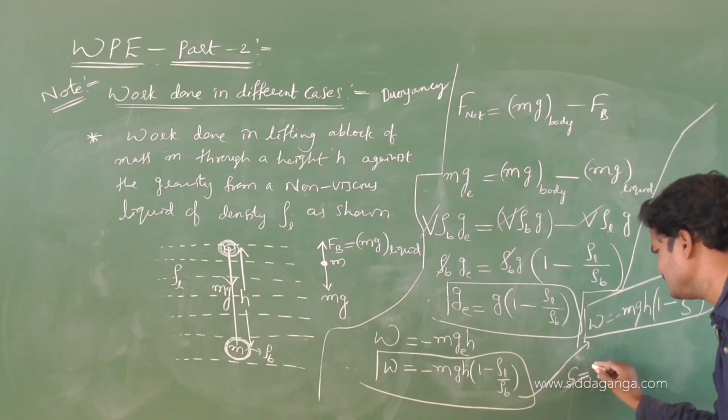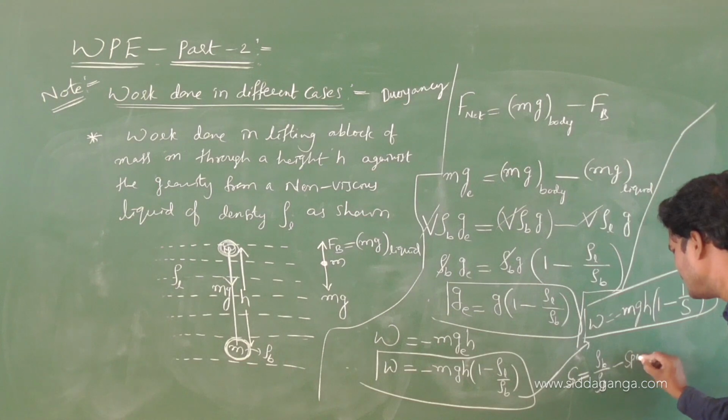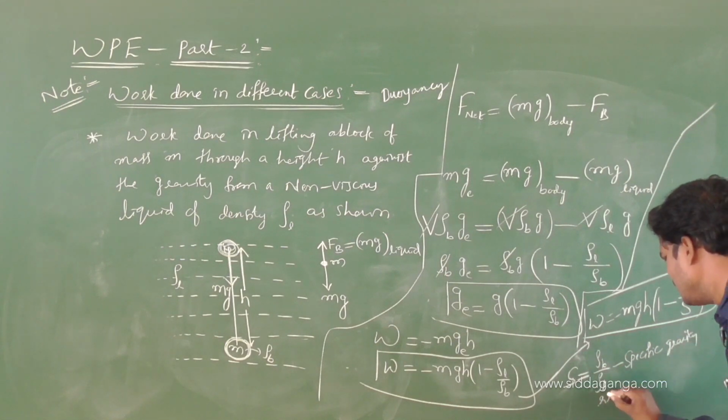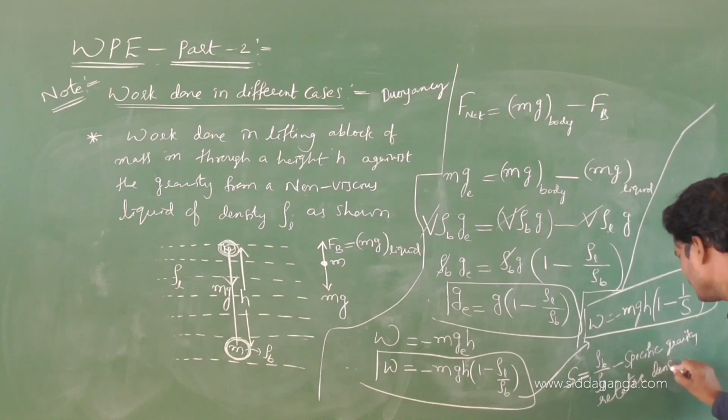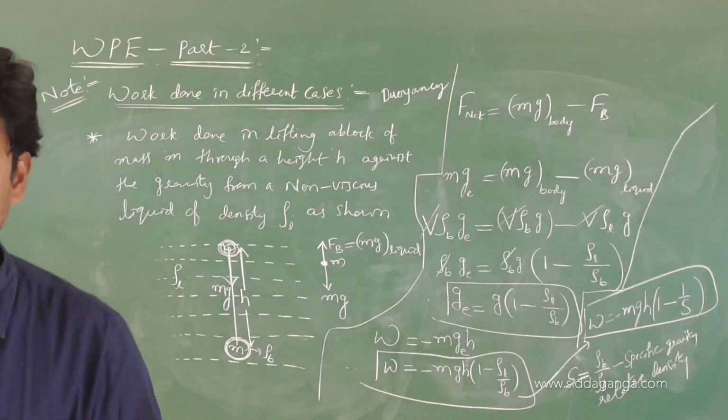S is equivalent to rho B by rho L, called the specific gravity. It is also called relative density. Keep in mind: specific gravity, otherwise called relative density.